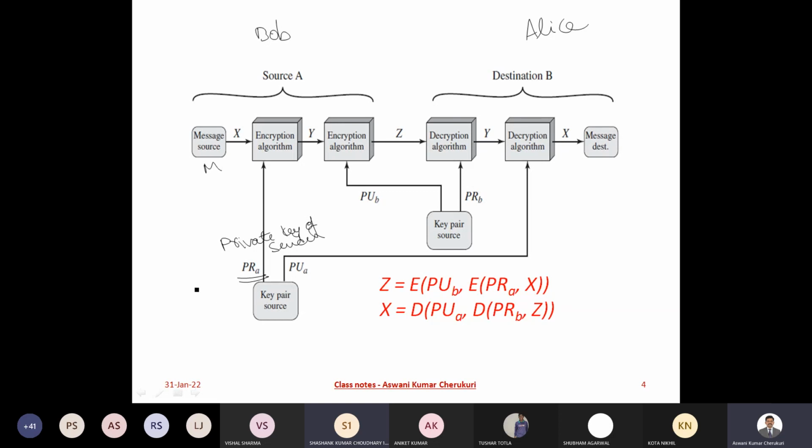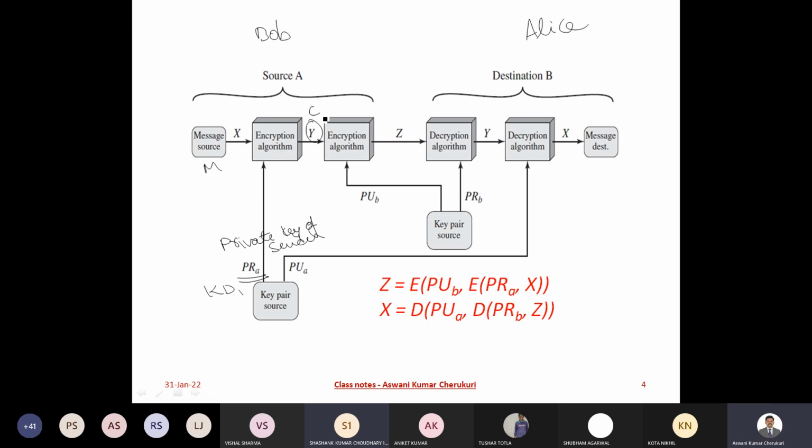You can think of it as KD1 or PRA, the private key of A, which is the source. So you get a ciphertext, which is called the intermediate ciphertext.